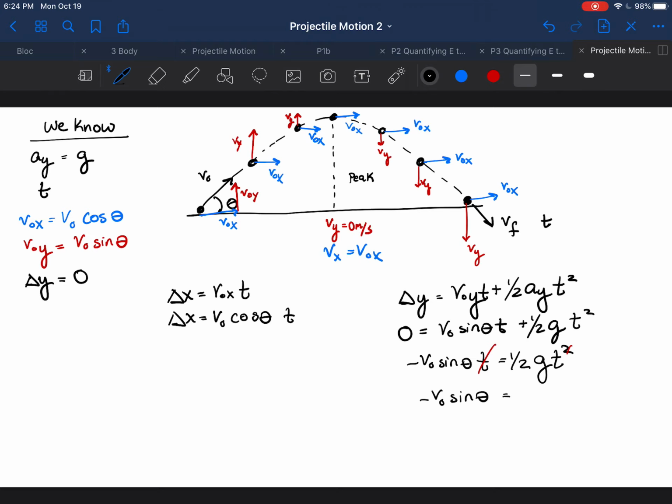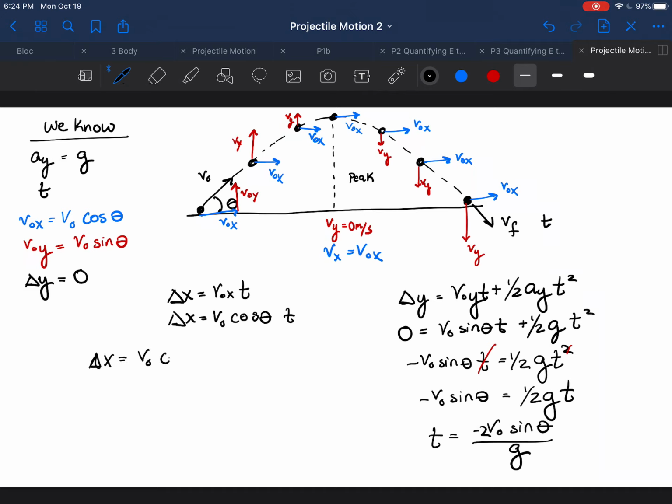And let's see. So we have negative v0 sine theta is equal to 1/2 g t, or in this case I get that t is negative v0 sine theta, and I multiply both sides by 2, so I get a negative 2 on the top over g.